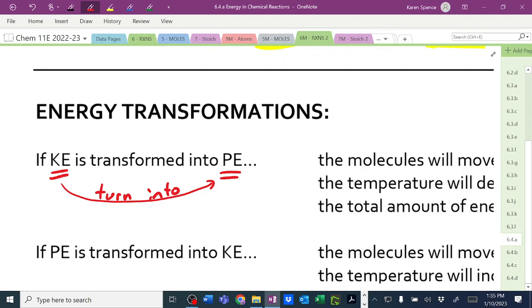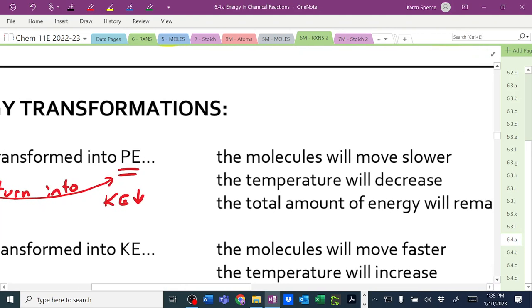It has gone down, okay? So the kinetic energy decreases. What does that tell you then about the speed of the molecules? The kinetic energy has gone down, so the speed has gotten slower.